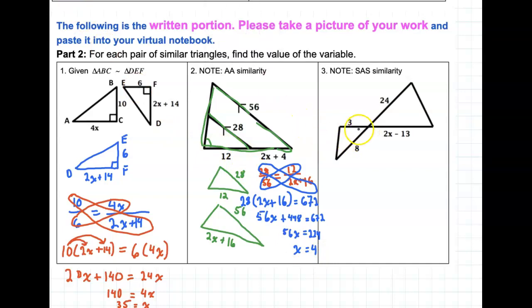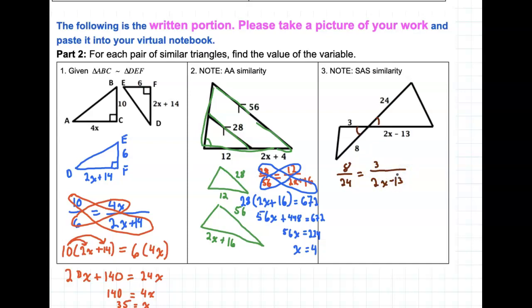Alright, let's look at this triangle. We know it's similar, side-angle-side similarity. When we have these crisscrosses like this, the corresponding ones are the opposite. So the 8 and the 24 are corresponding. So 8 over 24 is equal to 3 over 2x minus 13.